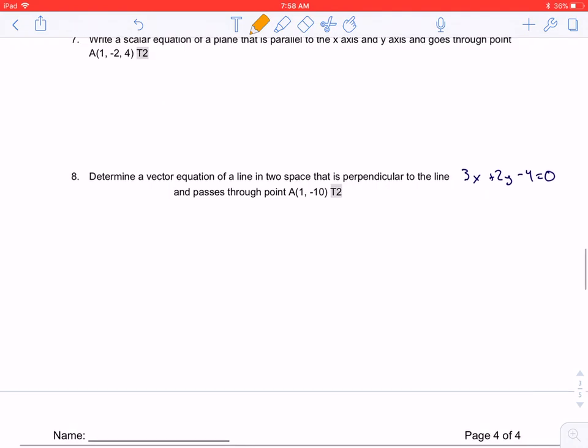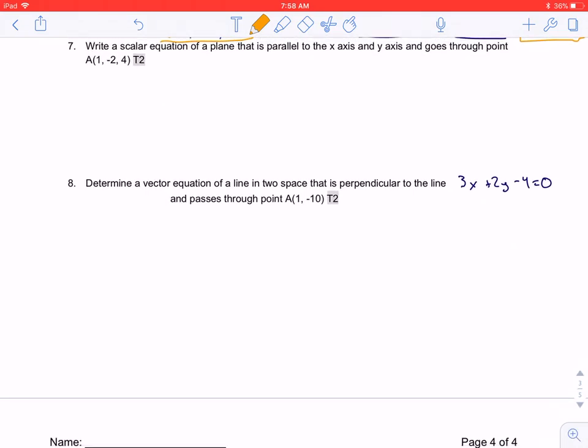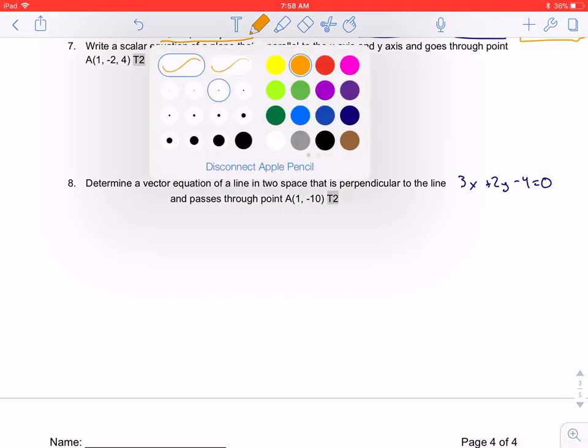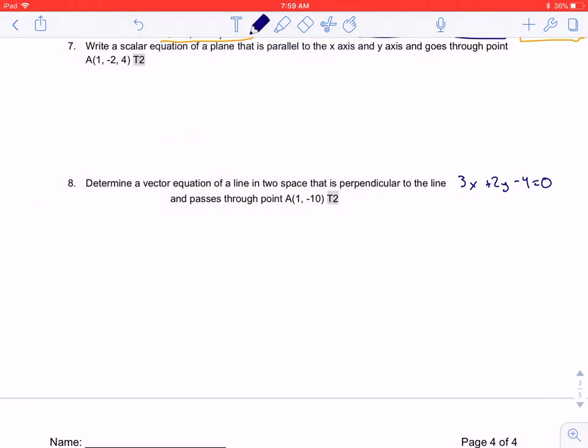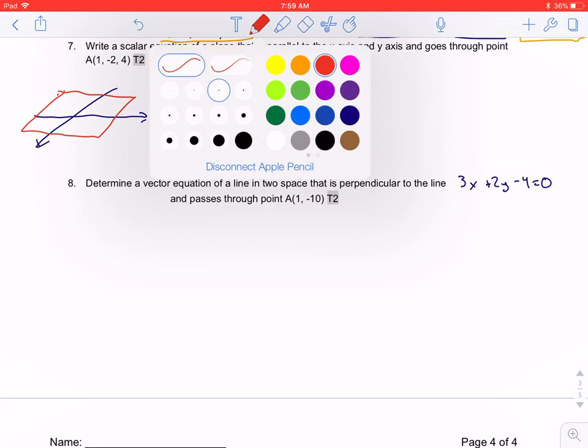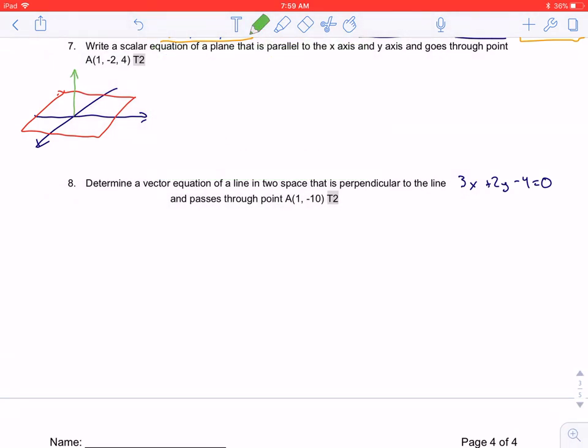Okay. Number 7 is saying write a scalar equation for a plane that is parallel to the x-axis and y-axis and goes through the point. If the plane is parallel to the x-axis and the y-axis, here's our x-axis, here's our y-axis, it would be here. When we think about the normal vector n, it would be in the z direction. So our normal vector could be 0, 0, 1.